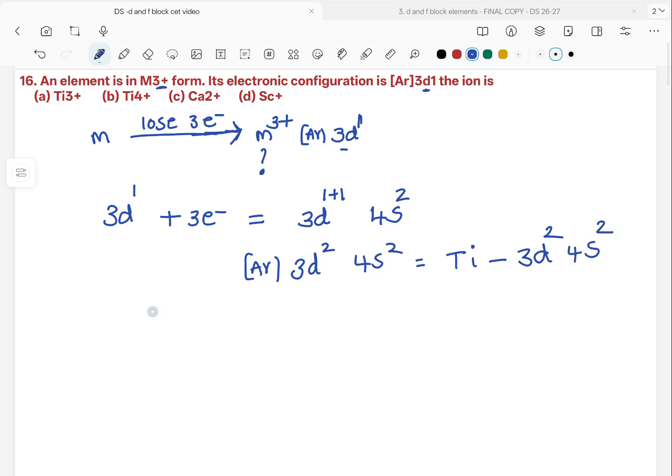This titanium, after losing 3 electrons, 2 from 4s and 1 from 3d, finally ends up with the 3d1 configuration, and titanium changes to Ti3 plus state. So our answer should be A option, that is Ti3 plus.